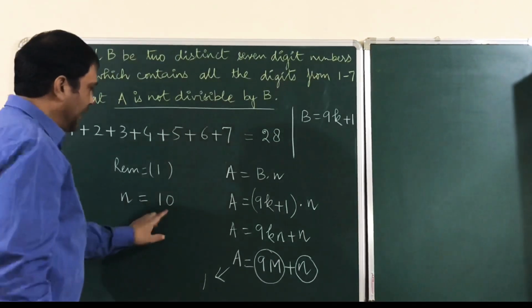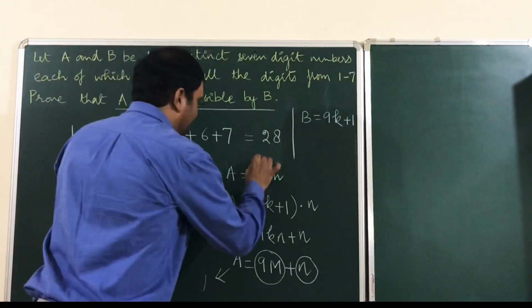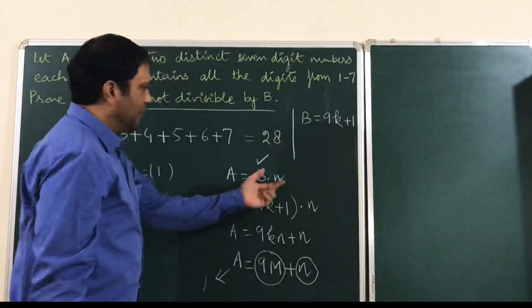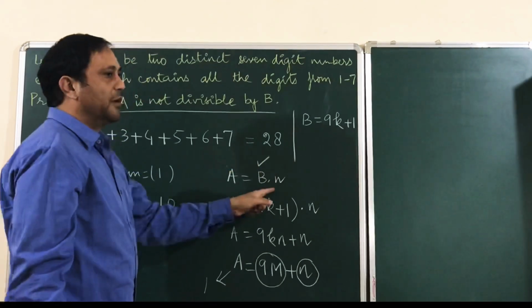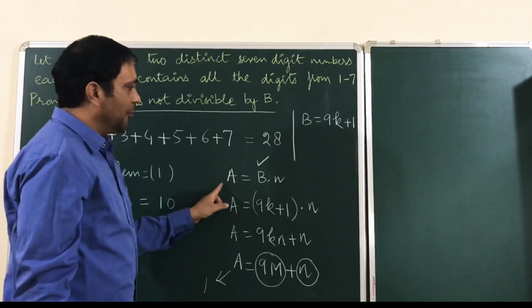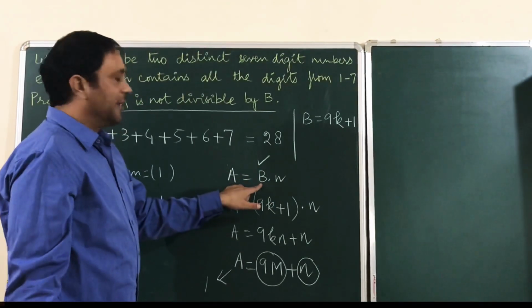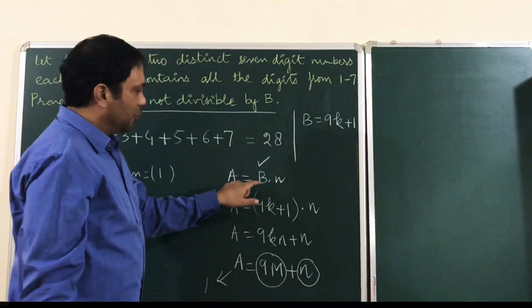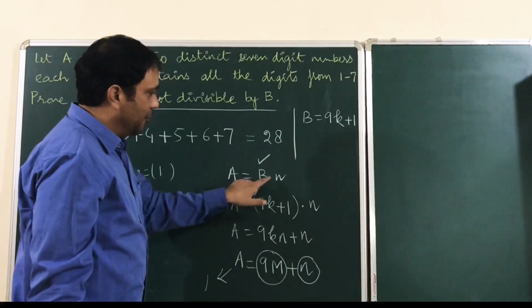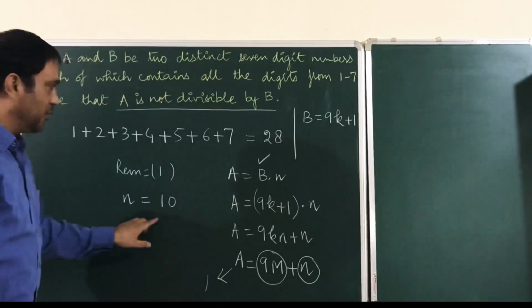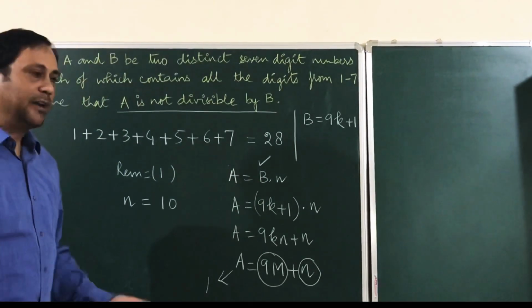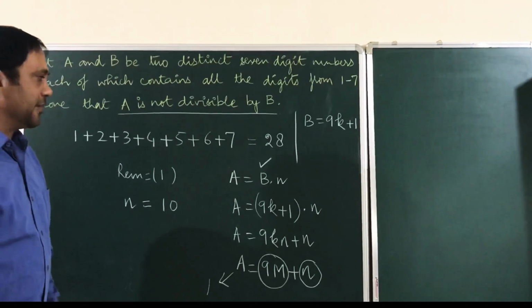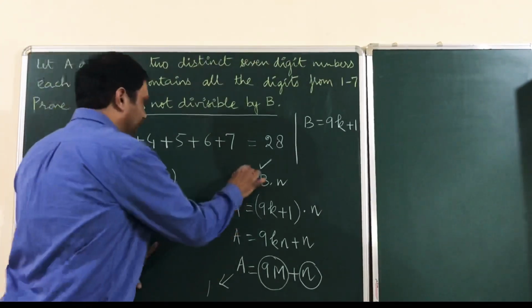The moment I take N equal to 10, B is a 7-digit number, and when you multiply it by 10, it automatically becomes an 8-digit number. So this is not going to be valid if B is a 7-digit number. That's not going to be correct.